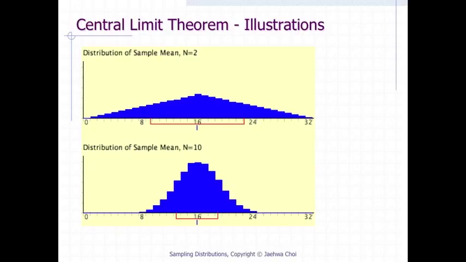Nonetheless, it does show that the scores are denser in the middle than in the tails. For n equals 10, the distribution is quite close to a normal distribution. Notice that the means of the two distributions are the same, but that the spread of the distribution for n equals 10 is smaller.